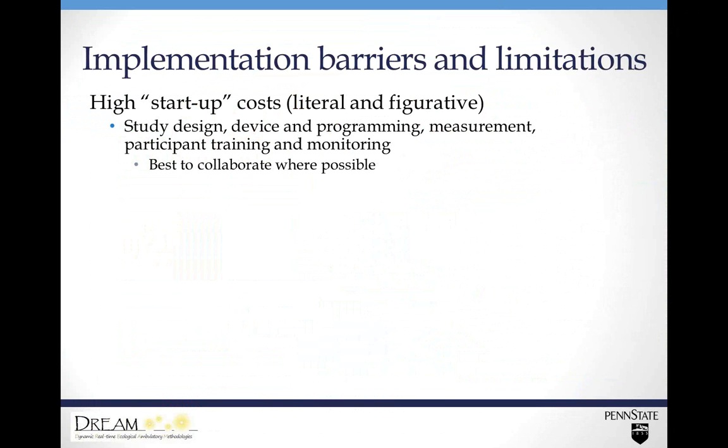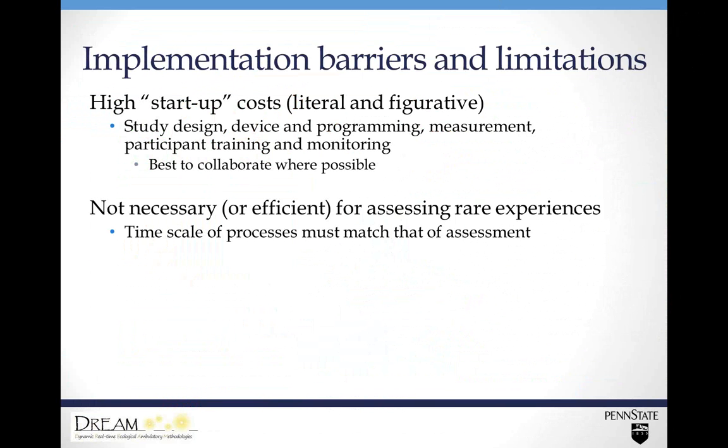I think of experience sampling and EMA as a multiplier of things. It multiplies the cost and the startup, but it also multiplies the benefits. So you get a lot of data and then a lot of headaches as well.